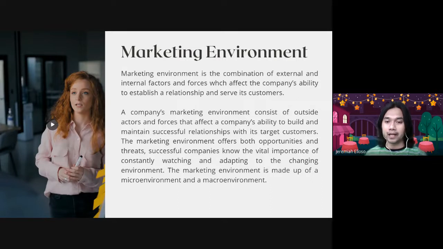The marketing environment is made up of micro environment and macro environment. Before we get to know the details and the difference of micro environment and macro environment, let's talk about the marketing environment as a whole. As we initially mentioned, this environment would affect our day-by-day operation and our relationship with our customers.